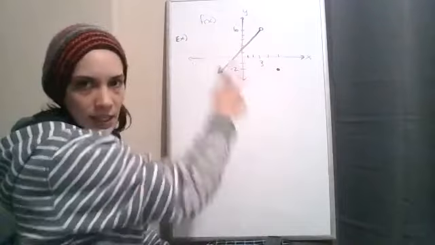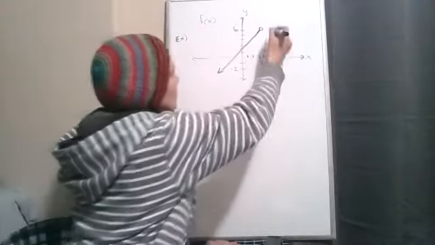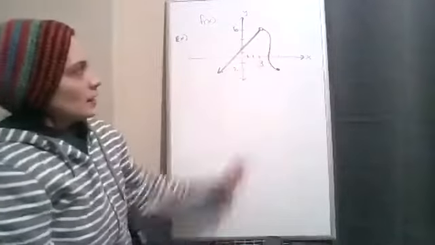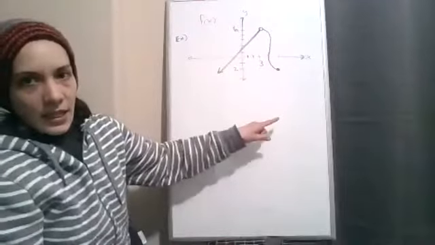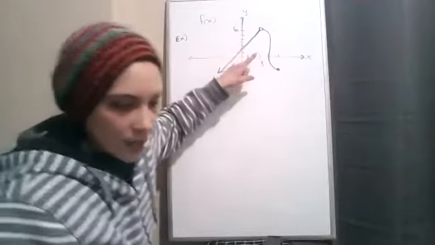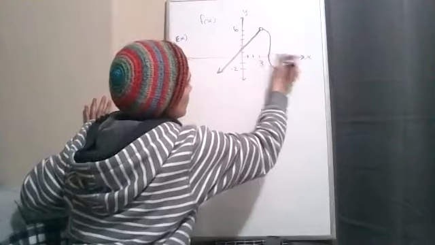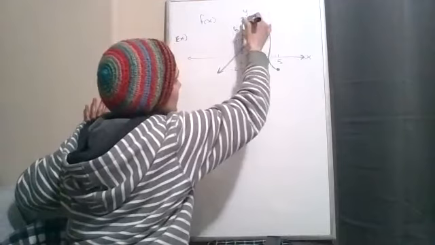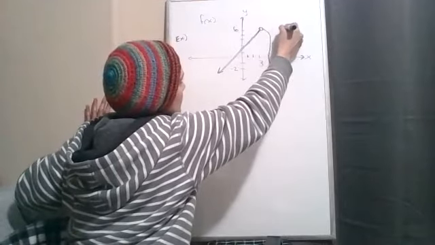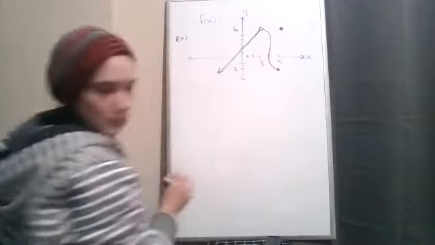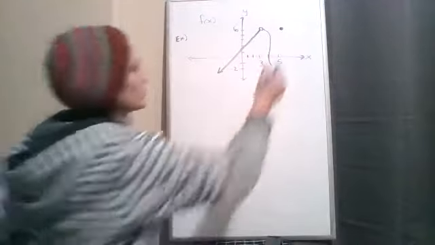And then we're going to connect. We can swoop like this. And then at 5, 6, we're going to fill that in. Yeah, we can fill it in at 6. Then just have the function come over like this.